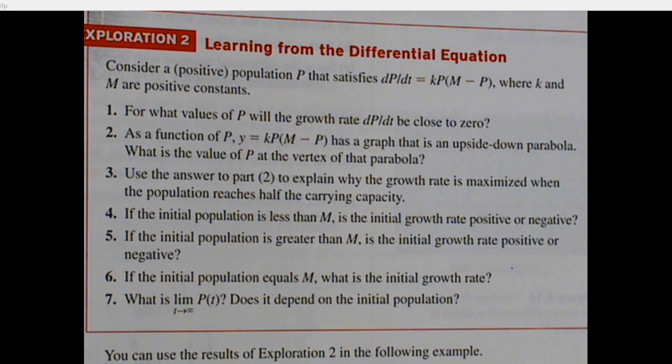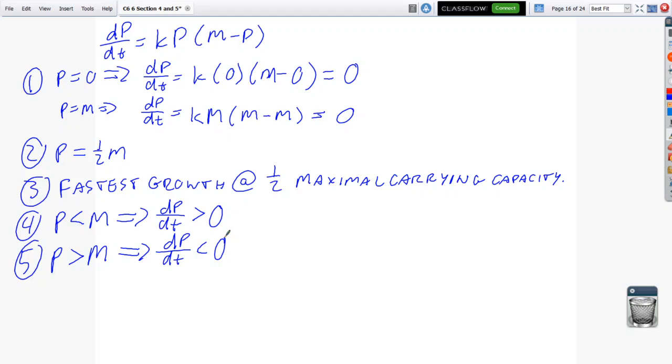Looking back here, we're up to number 6. If the initial population equals m, what is the initial growth rate? Number 6, if p equals m, that means dP/dt is equal to, looking up here, k times m minus m.